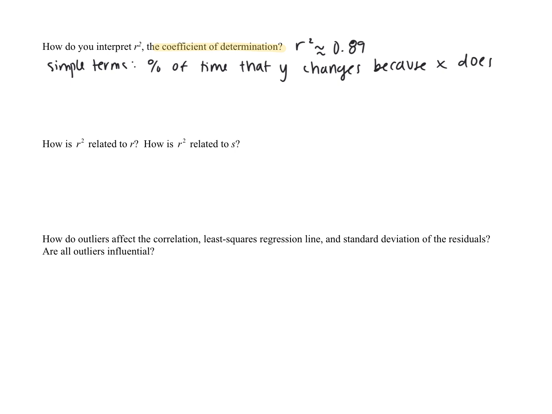So our number tells us that 11% of the time, we have what we call unexplained variability. 11% of the time, y is changing for some other reason. That is the simple terms. That is not the way we actually write this.